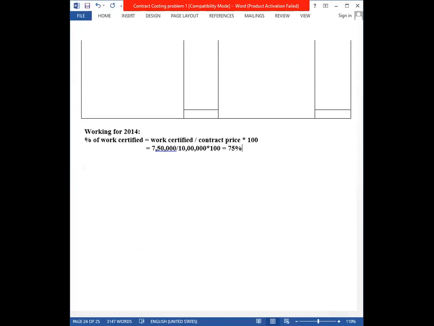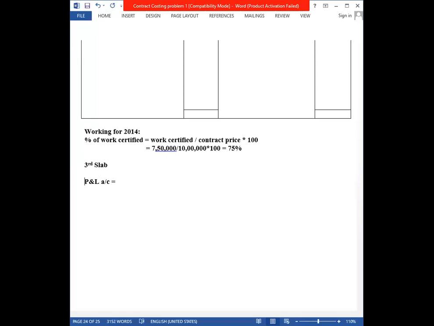75%. Okay. So if it is 75%, then when you are calculating the P&L account, which slab does it fall under? Third slab. So as per third slab, that is the amount to be transferred to P&L account.